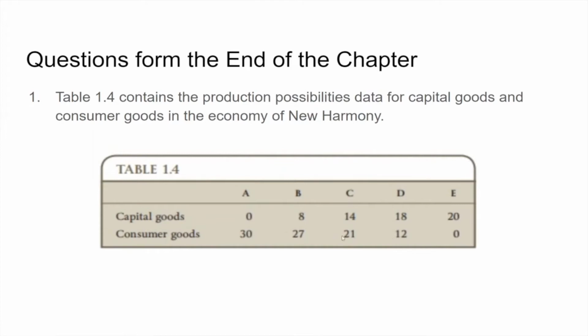4 additional units of that one causes a change from 21 to 12. In other words, 21 minus 12 is 9. Okay? So we got a 4 increase results in a 9 decrease. That's about 2 to 1. I'm going to say every 1 increase in this one causes 2 decrease in that one.